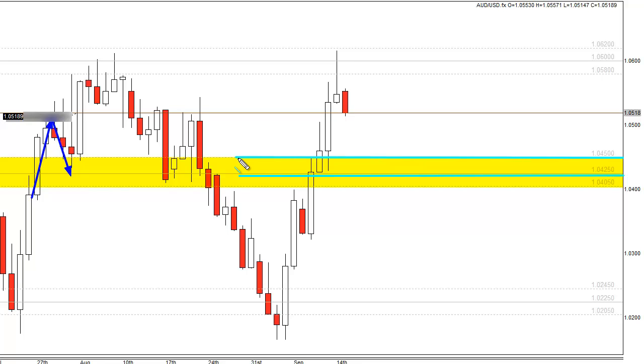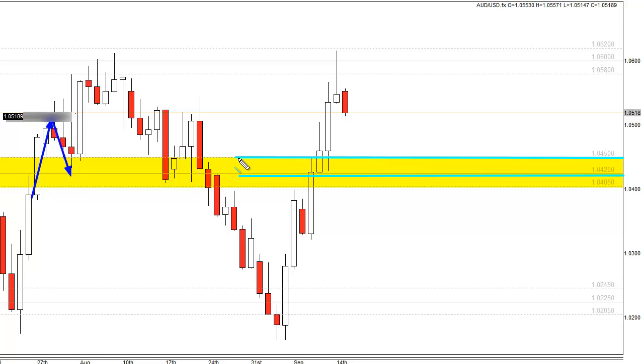But if I'm not out, I'm probably just going to tighten my stop loss and ride it out. I think that report is probably going to cause bulls to enter the market. It shouldn't be too bad. I'd be worried if I was trading a 4-hour chart, but because this is a daily chart trade, I'm a little worried, but I'm not too worried about that report. I'd like to be out of the market before that report comes out, but we'll just see how this whole thing pans out.